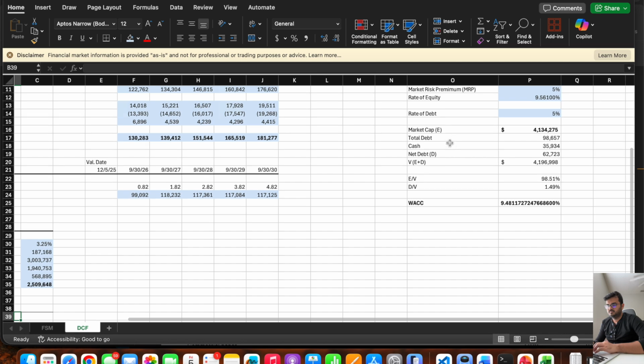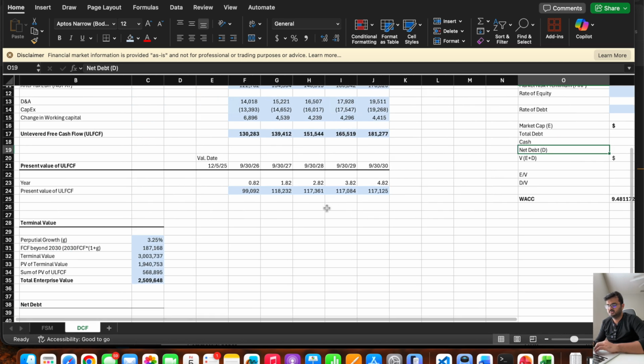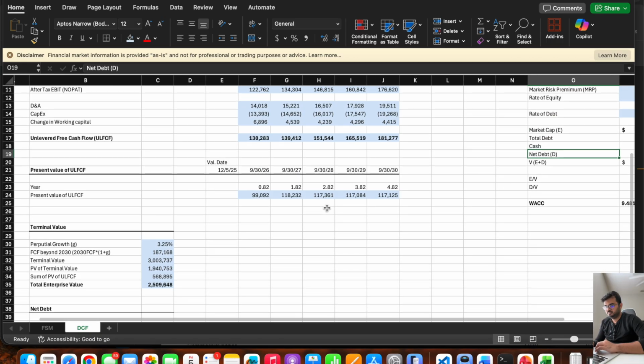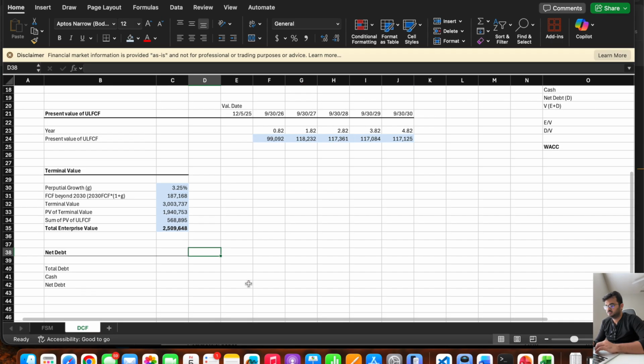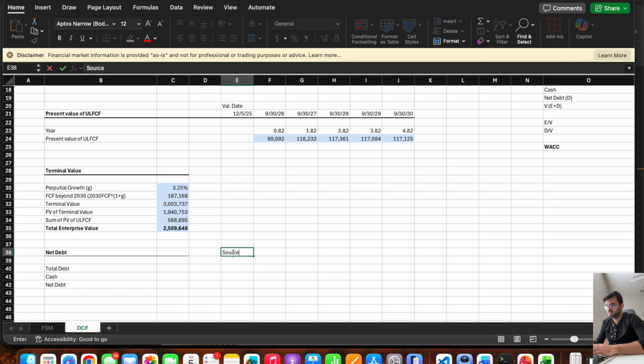So if you remember, we had the total debt value and the cash value here, and what is the total debt or the net debt. Maybe to be very clear, I will put it as total debt, cash, and net debt. I will just mention as a side note for me, source is 2025 10K. If I get the next quarter update, I will come back and update this number.